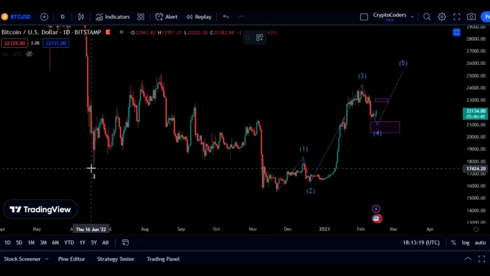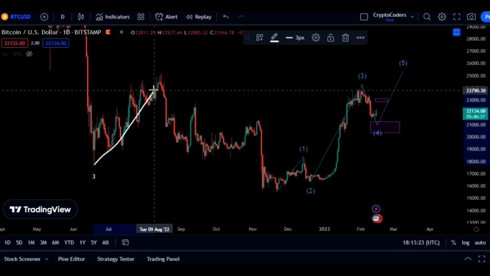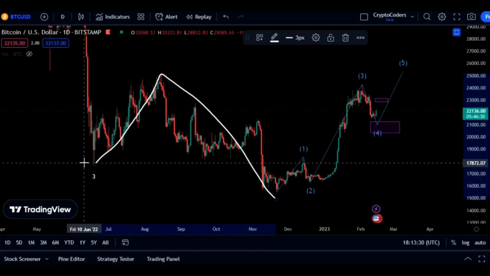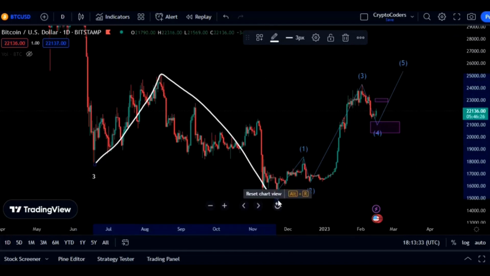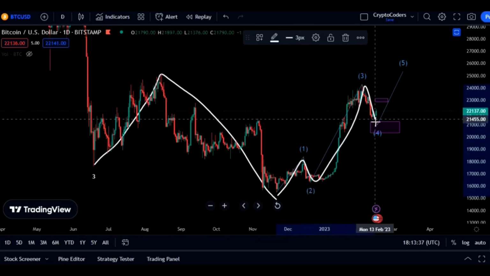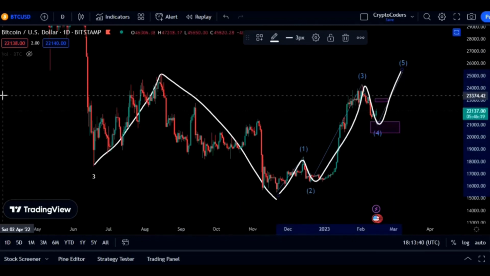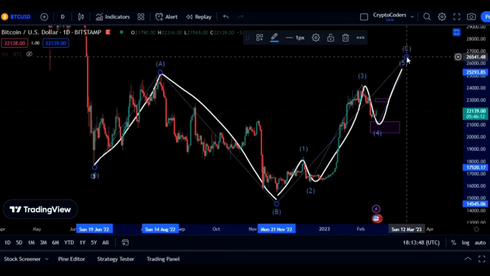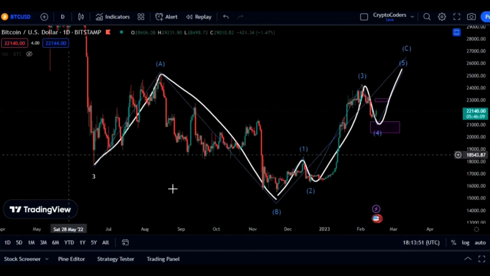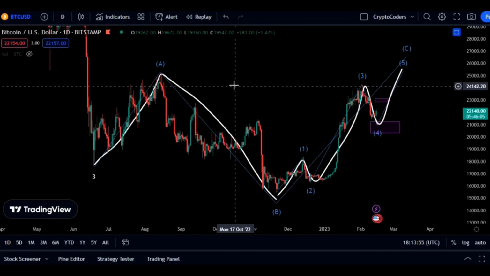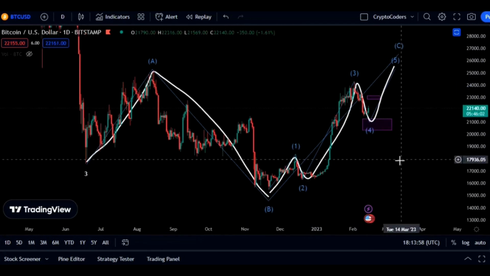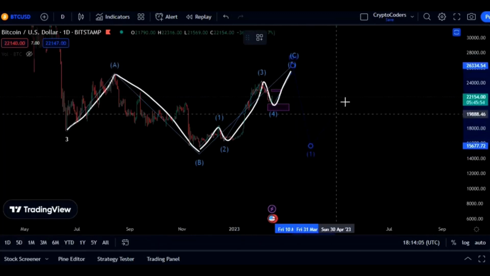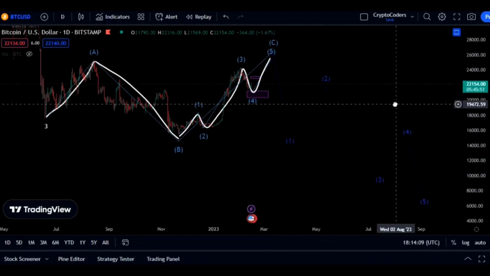And this would also make an expanded flat correction, in which this would be our wave A, this would be our wave B that goes below the origin of wave A, and then 5 waves up for wave C, like A, B and C, exactly like I told you in the previous page on larger time frame. This could also be the same type of structure, after which we will go down impulsively in 5 waves to complete our bear market.